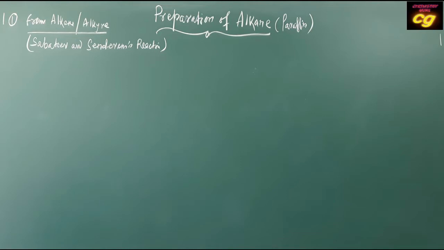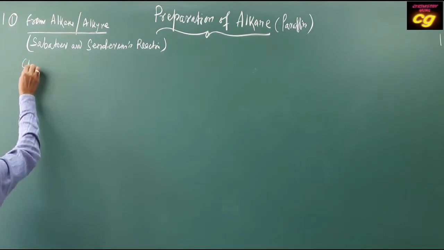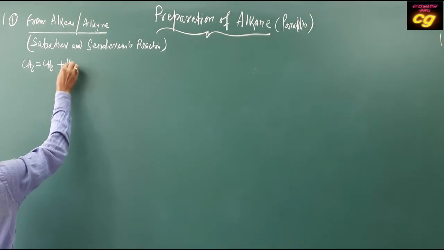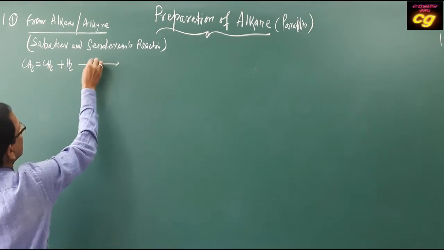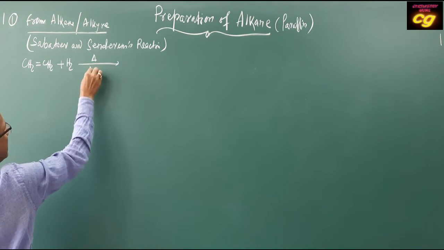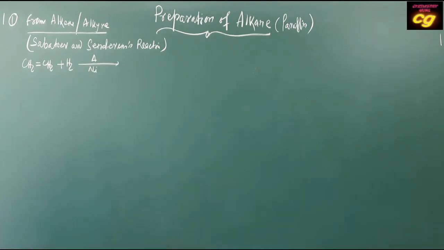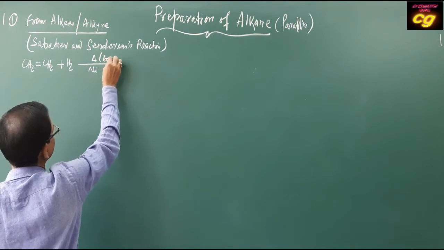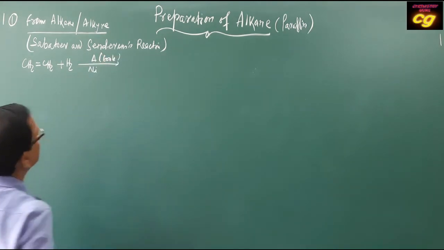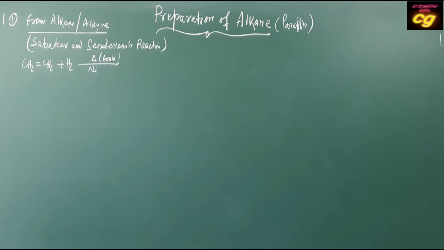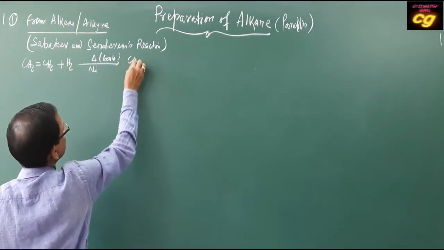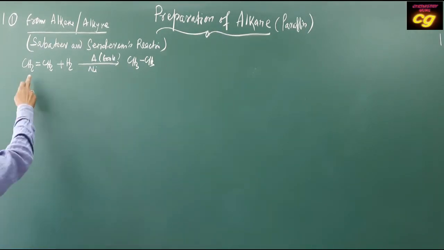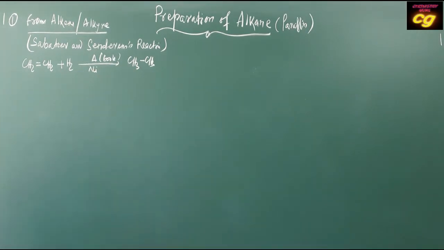You also note down these things. Suppose you take ethene with hydrogen, heating in the presence of nickel or platinum as the catalyst, at a temperature around 600 Kelvin. Then alkene becomes alkane, ethene becomes ethane.